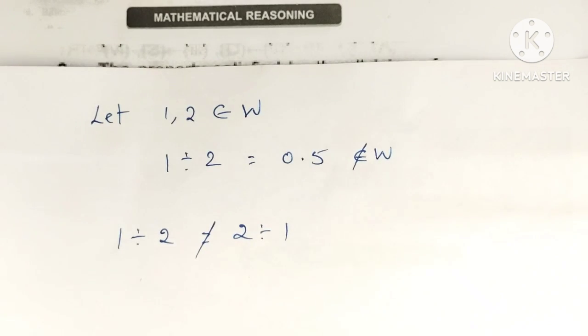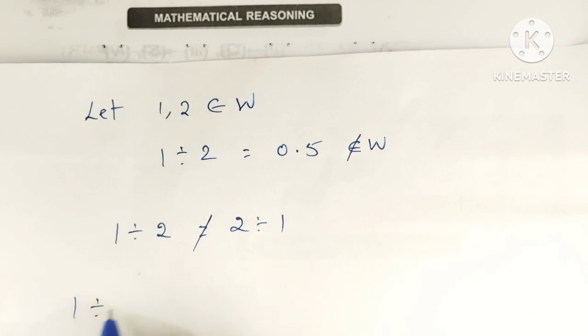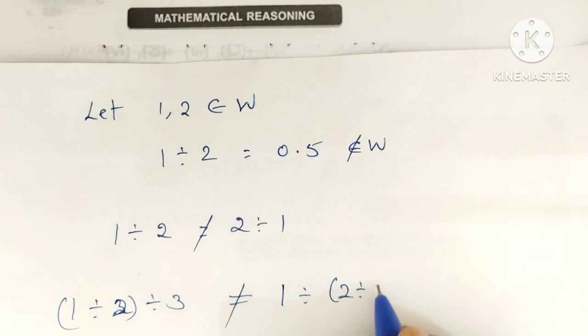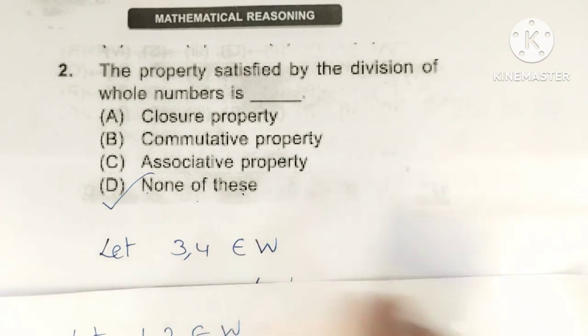Take any three numbers 1, 2, 3. 1 divided by 2 divided by 3 does not equal 1 divided by 2 divided by 3 grouped differently. So associative property does not satisfy. So none of these is the correct option.